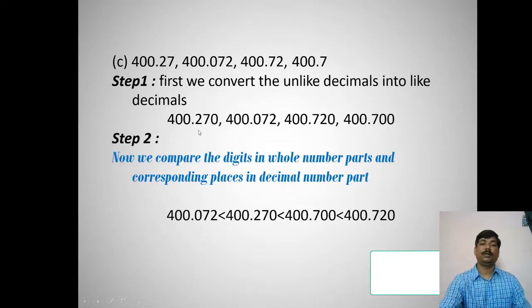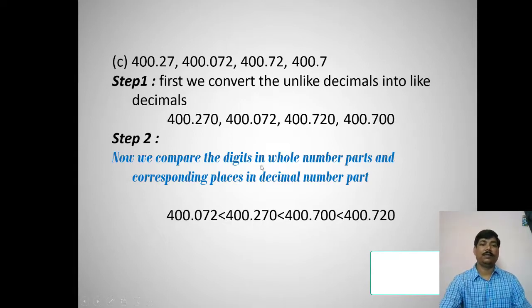So we will make 3 digits in the decimal part by writing 0. So in this step, 400.270, 400.072, 400.720, 400.700. The decimal parts have 3 digits.